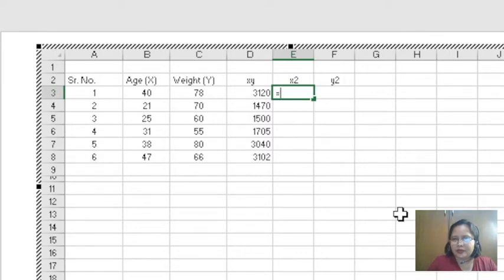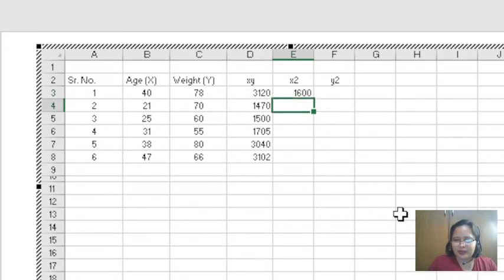So, the value of x squared, we have to multiply by itself. 40 times 40. So, that is 1,600.